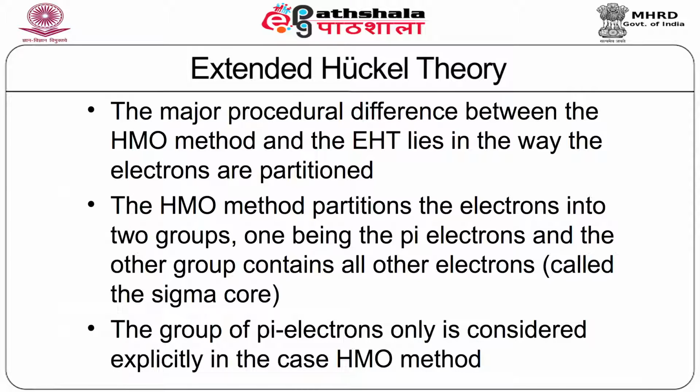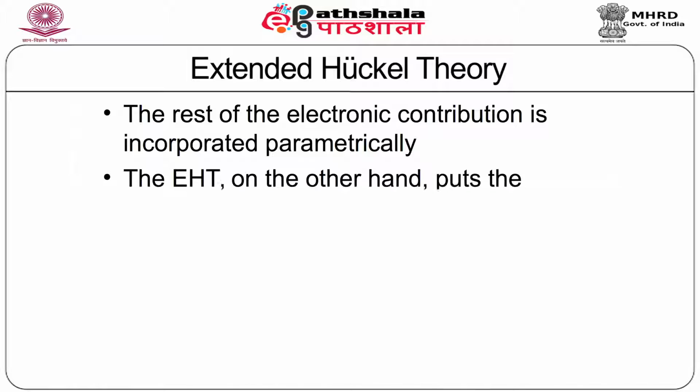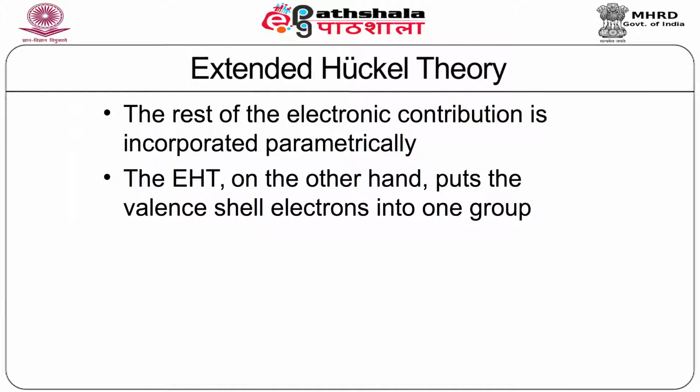The group of pi electrons only is considered explicitly in the case of Huckel molecular orbital method. The rest of the electronic contribution in this method is incorporated parametrically.